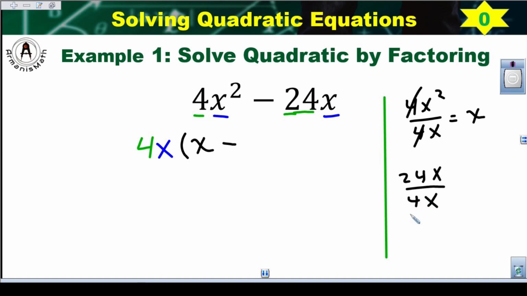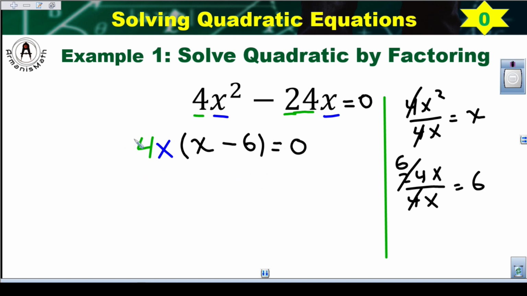Okay, 24 divided by 4. 4 times 6 is 24. So that goes into it 6 times. I know that I have a 6 here. And the x's are going to cancel, leaving you with just a 6. So 6. And obviously, if you're solving here, that means this is an equation which will be equal to 0. Don't forget that, so it's going to be 0. Now go back to the zero product property that we talked about.